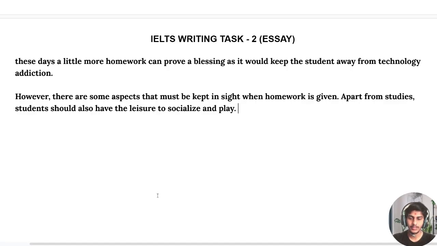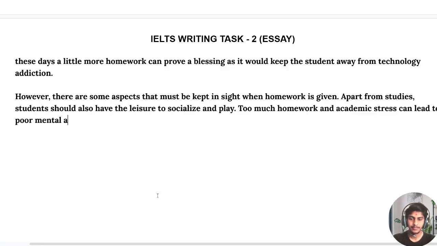Too much homework and academic stress can lead to poor mental and physical health.